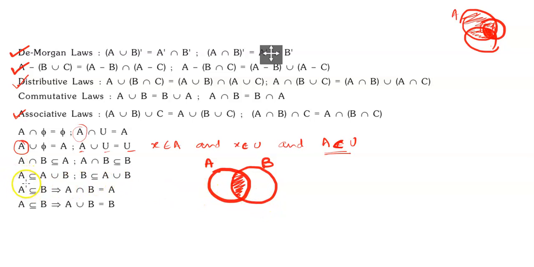Similarly, A is a subset of A union B. Yes, because A union B contains both A and B. So both A and B are subsets of A union B. So it's A and B, then A union B is this, right? So A belongs to this and B also belongs to this.